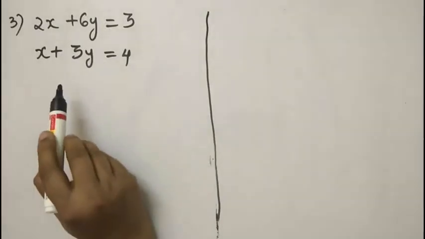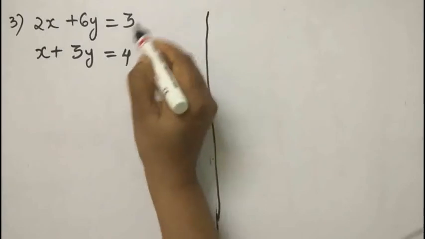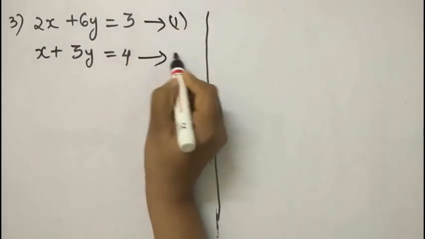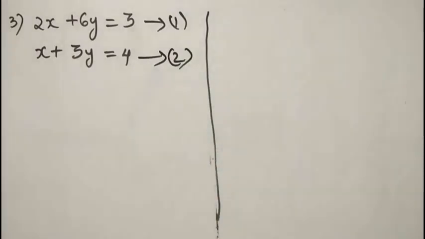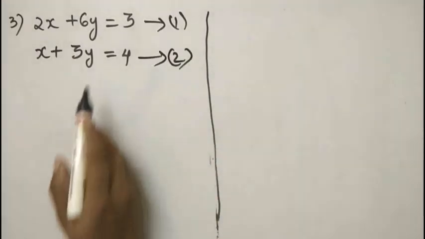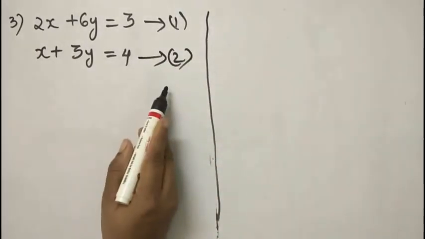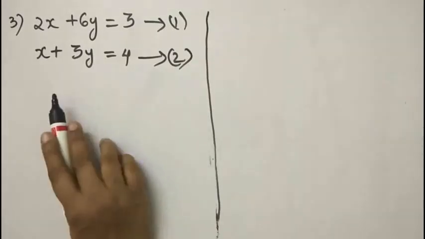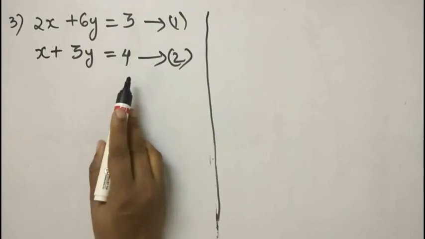Now, let this be equation 1. Let this be equation 2. I have taken the first equation as 1 and the second equation as 2. Among these two equations, I feel equation 2 is easier to express the variable x in terms of y.